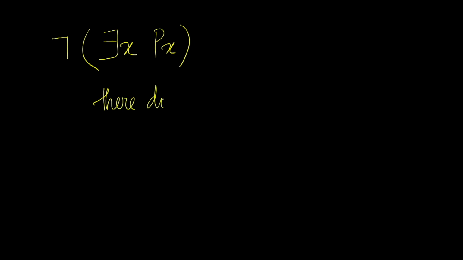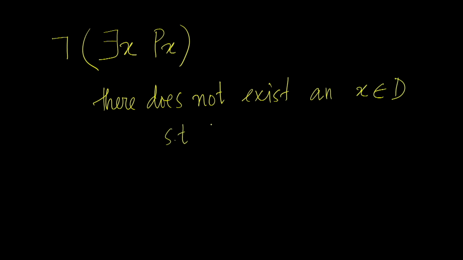Similarly, let us try to negate this statement. There exists an X so that P of X. Let us say we want to negate this. So what this asserts is that there does not exist an X in D so that P of X is true.